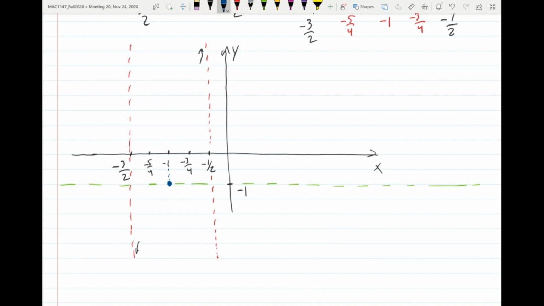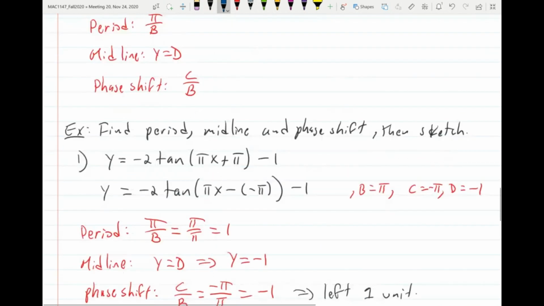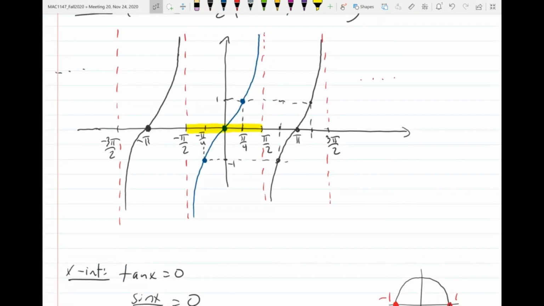Then the -5/4. So you understand what those other 2 points are. Those are the pi over 4, that's the same thing as saying pi over 4 and -pi over 4 that we have in here, from left to right. So that's this point and this one right here. So our key points are gonna be the following.